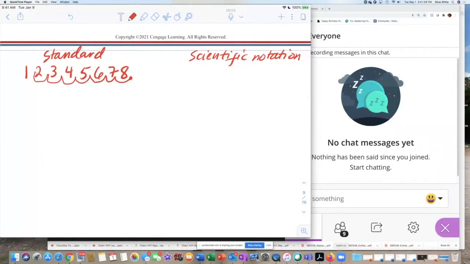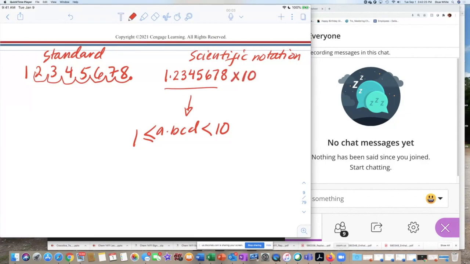I move this decimal point 7 times to the left. So when I do that, I have this number 1.2345678. This number fulfills the requirement, which is a.bcd has to be greater than or equal to 1 and less than 10. This fulfills that requirement.